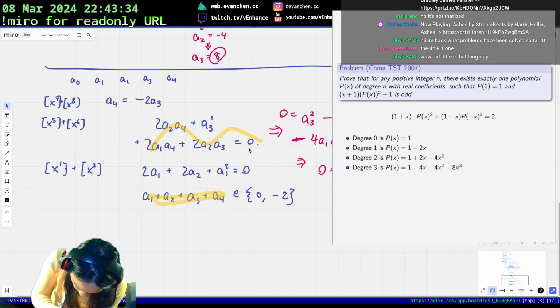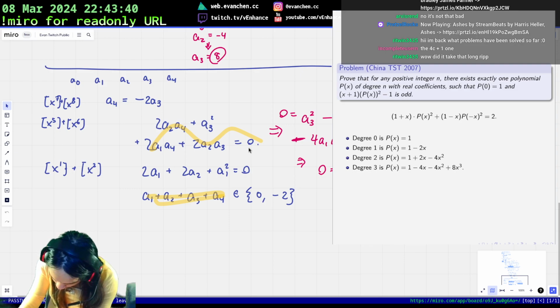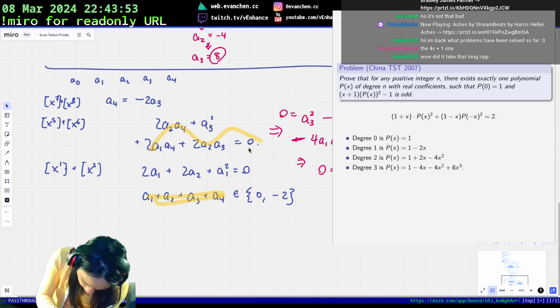So these equations are almost the final form. In fact, this equation is linear in A3. Meanwhile, this second thing is something yucky.